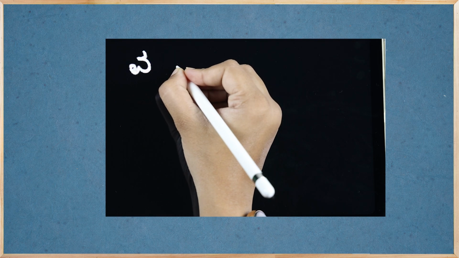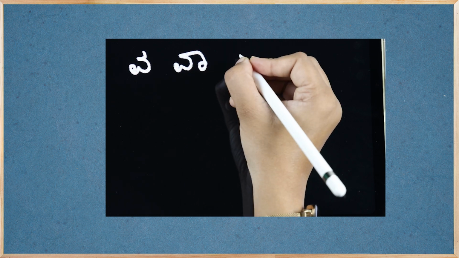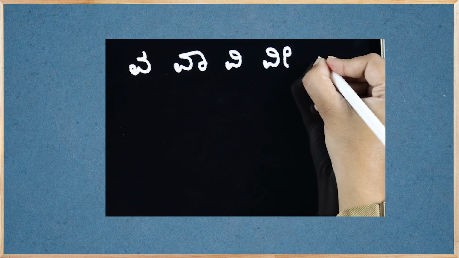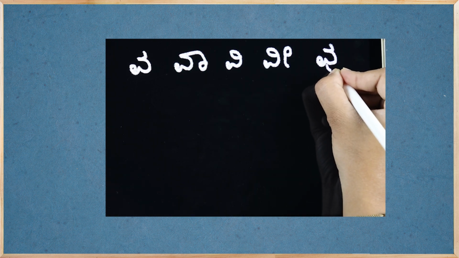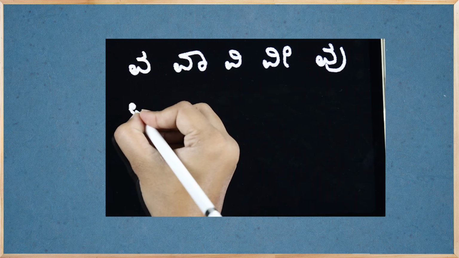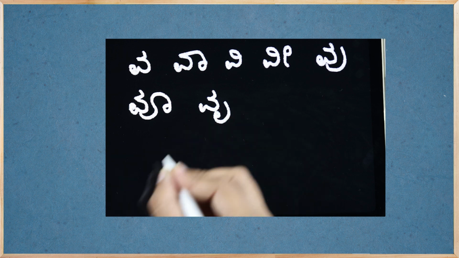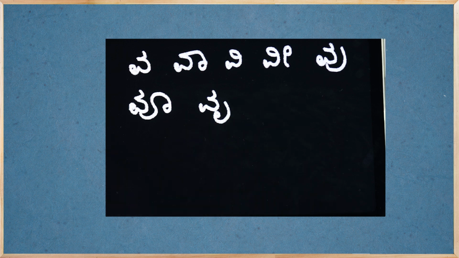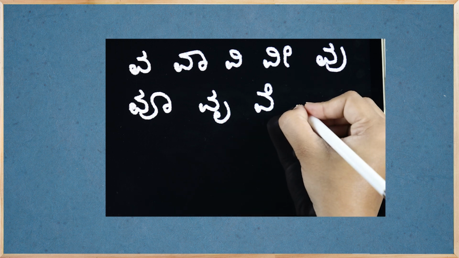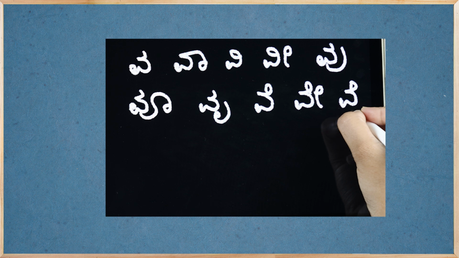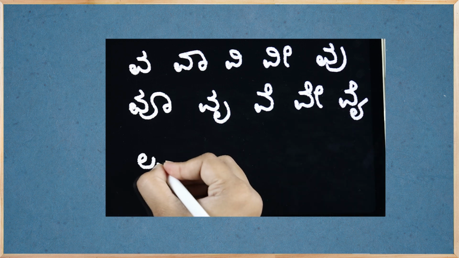Now the letter Va: Va, Vaa, Vi, Vii. Here, please note students, the secondary symbol. Vu, Vuu, Vru, Ve, Vee, Vai. Looks a little confusing.